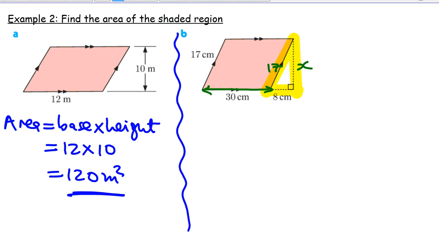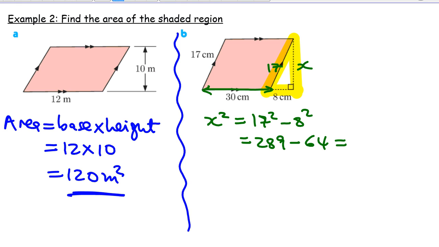Anyway, x is the shorter side. So we'll go ahead and say x squared will be equal to 17 squared minus 8 squared. That is the same as 289 minus 64, and that will give you 225. So x will be the square root of 225, which is 15.